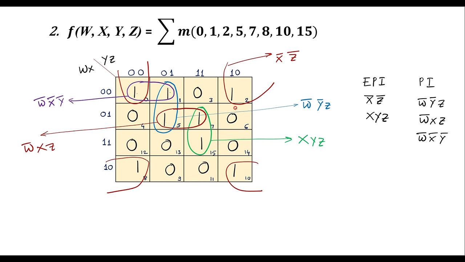And here we can see that this w bar y bar z will become an essential prime implicant. W bar, y bar, z is an essential prime implicant.